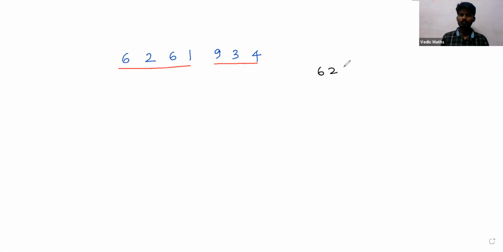So from 6261, I am subtracting 934. Then I got 5327, after subtracting.